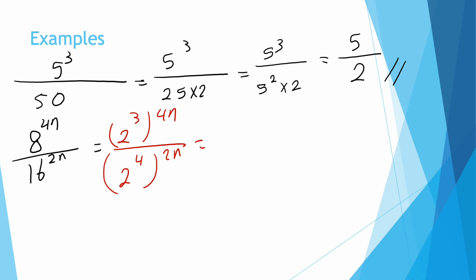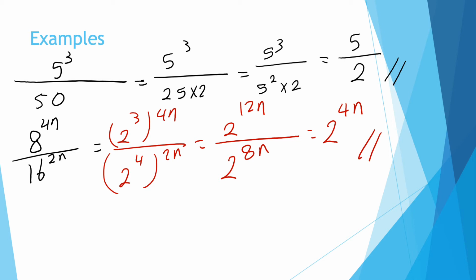And now power to power you multiply, so it becomes 2 to the power of 12n over 2 to the power of 8n, minus the powers. So 12 minus 8 is 4, so it becomes 2 to the power of 4n, and that's your final answer.